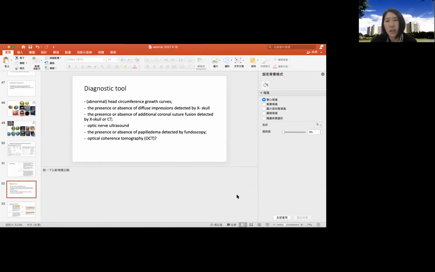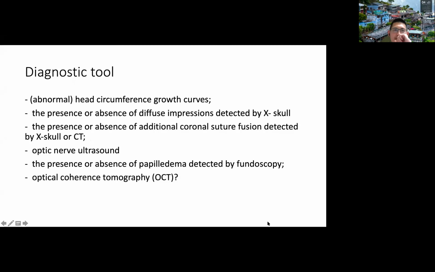So actually, on the brain echo, they can find the blood flow in the brain, so it may detect increased intracranial pressure. However, it is usually applied to acute trauma. If a child has an acute trauma, they can do the brain echo, and if they find increased intracranial pressure, they can do emergency surgery.